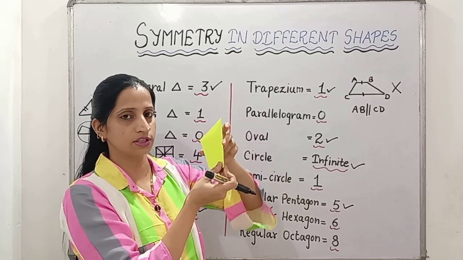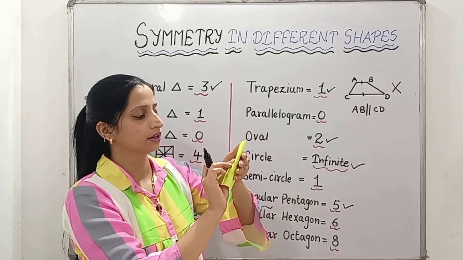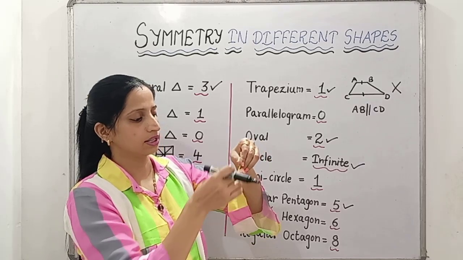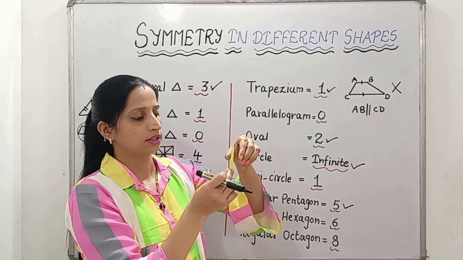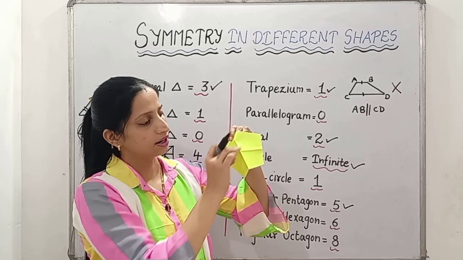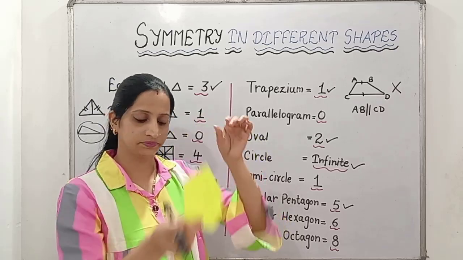This is the first line of symmetry. Similarly, you can take another vertex. Now this is the second line of symmetry, and similarly the third, fourth and fifth. So it has 5 lines of symmetry.